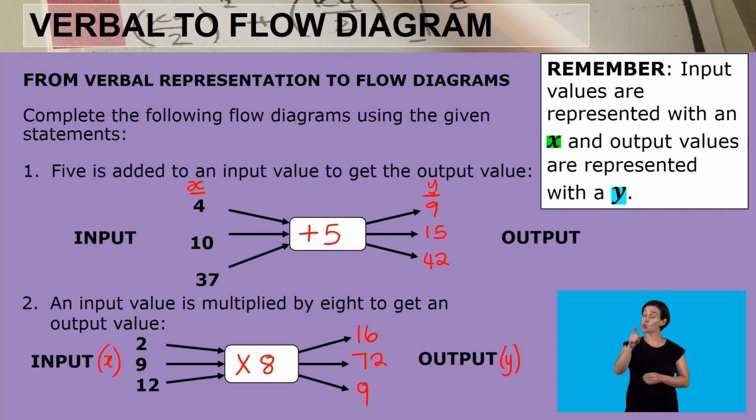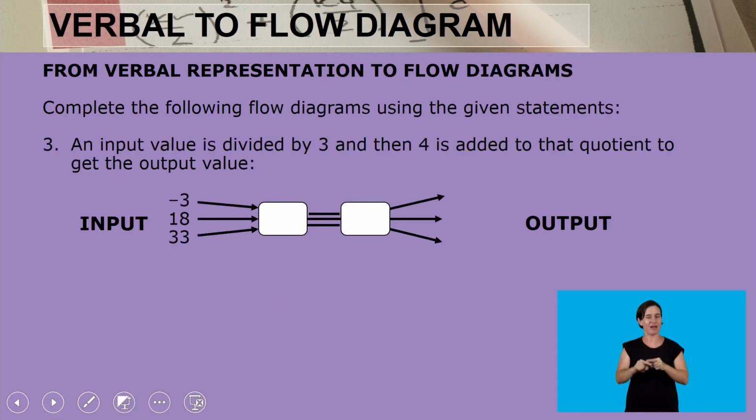If you have 96, then you are absolutely correct. So can you see how these two different representations are actually representing the same thing? An input value is multiplied by 8, but that can also be represented in a flow diagram. Let's look at the next question.